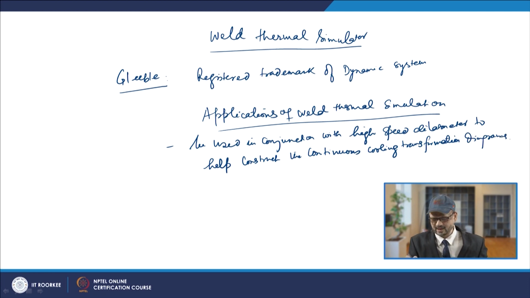So using the weld thermal simulator with the high speed dilatometer, you can find the continuous cooling transformation diagram, which can then be used to predict the kind of microstructure, as we have already seen how continuous cooling transformation curves can be used to predict microstructure.